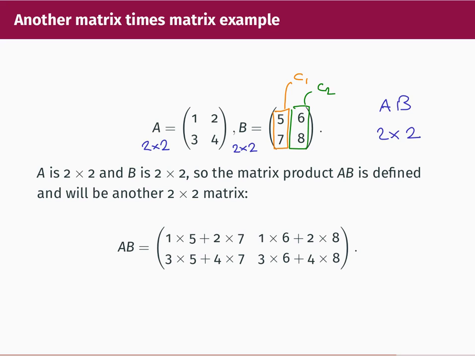And the columns of AB will be formed by working out A times C2, that would be the second column of AB, and A times C1, that will be the first column of AB.